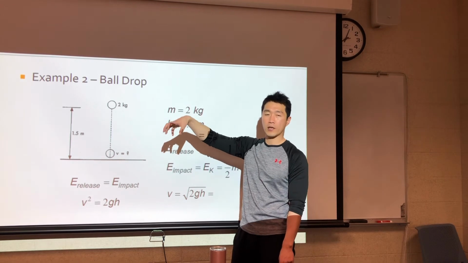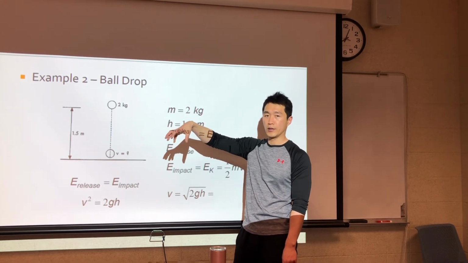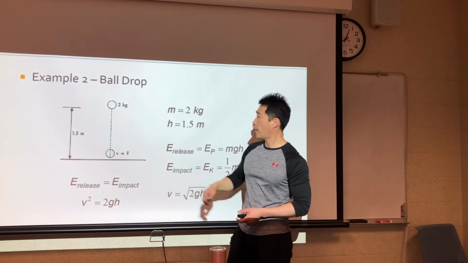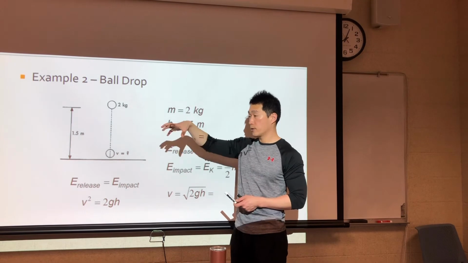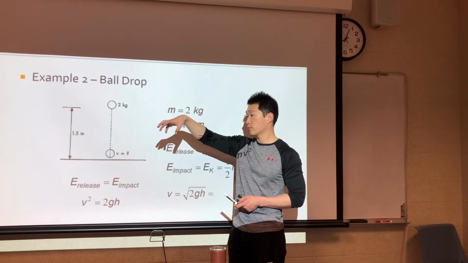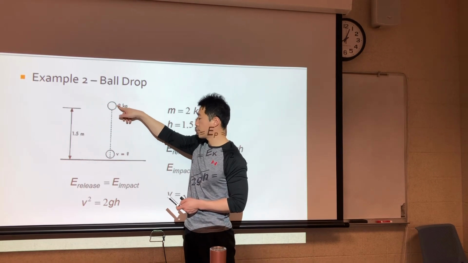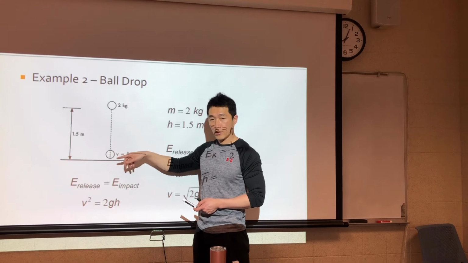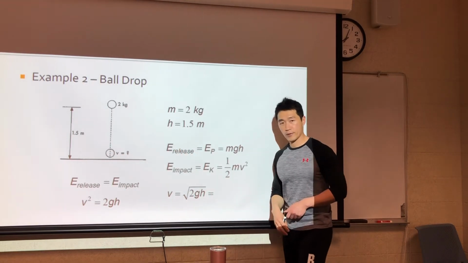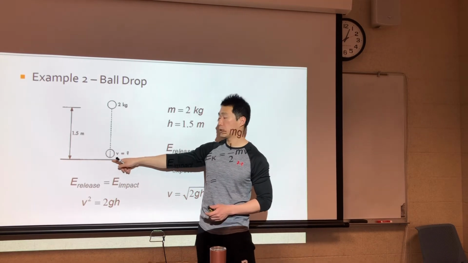What kind of mechanical energy does the ball have at this point? The ball has only the potential energy, because the ball is not moving, I'm just holding it. So the ball has just potential energy here, and when the ball is down here, what kind of energy does it have? Again, only kinetic energy, because there will be no height.